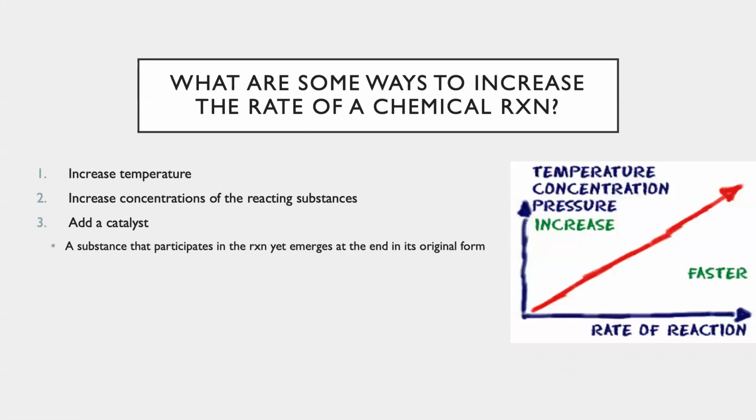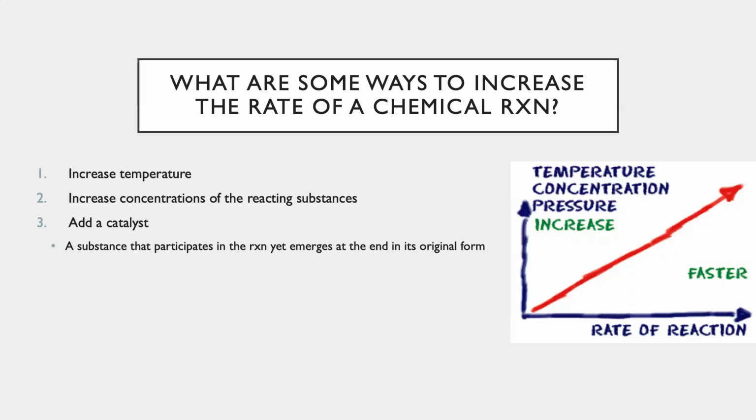All right, so let's talk about chemical reactions. What are some ways that we can increase the rate of a chemical reaction? Well, we can increase the temperature, but depending on the organism, this may not be an option because of denaturing that occurs when you increase temperature.